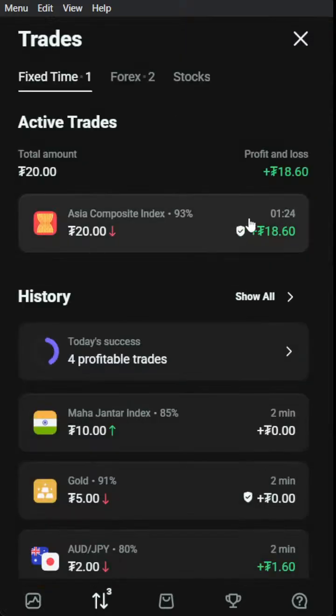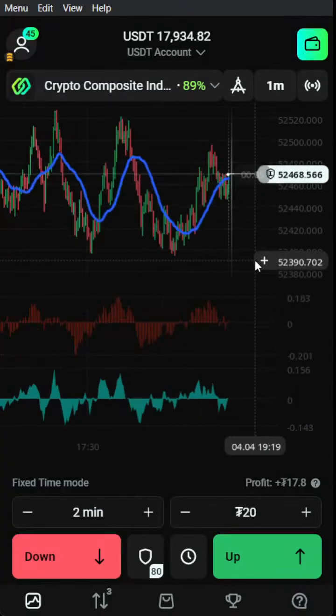Right now we have a $20 active trade and we still have some time.